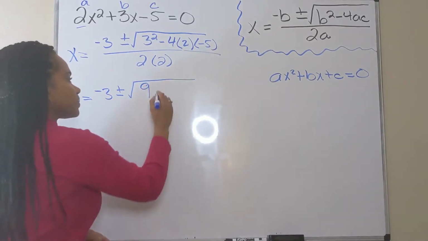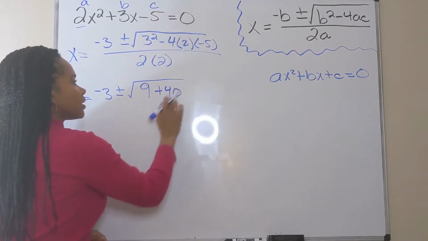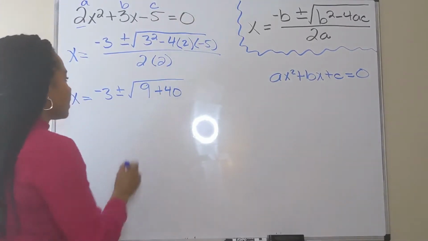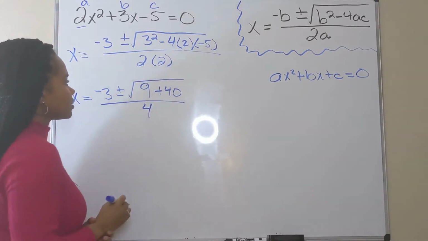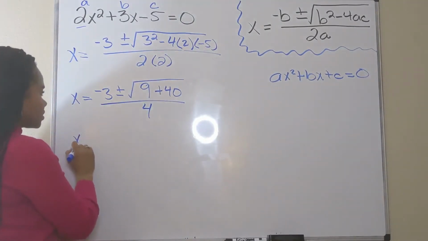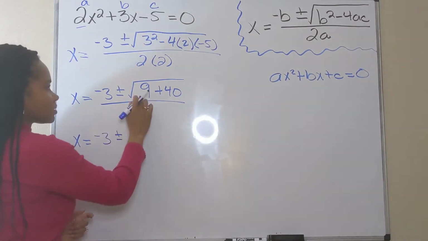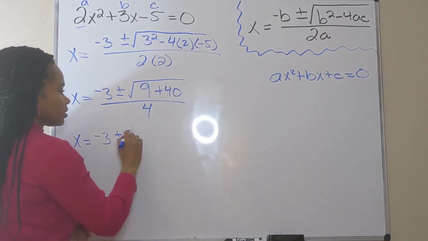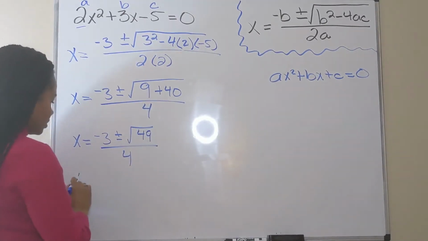So I'm going to put plus 40 since it's positive. All right. All over 2 times 2, and that is 4. Next, just simplifying it. Negative 3 plus or minus the square root of 9 plus 40 is 49, all over 4.